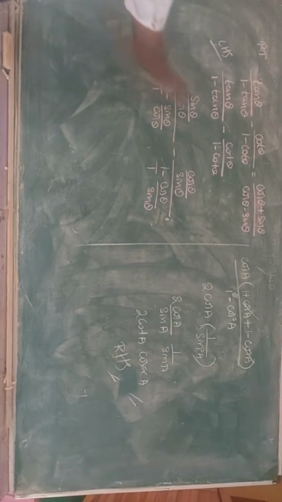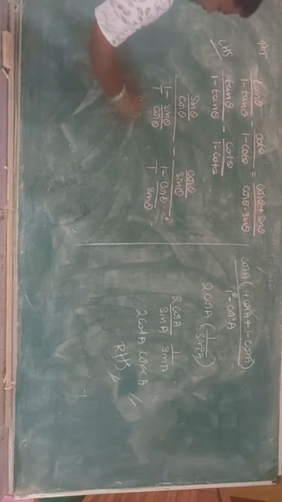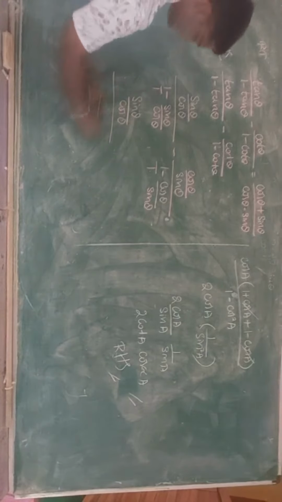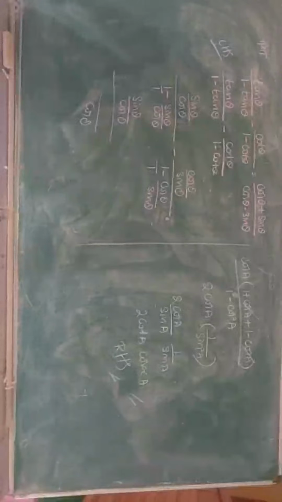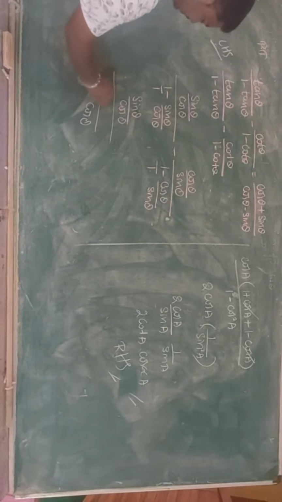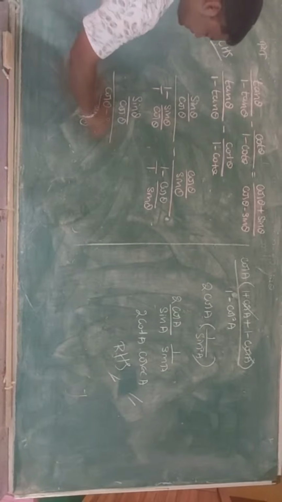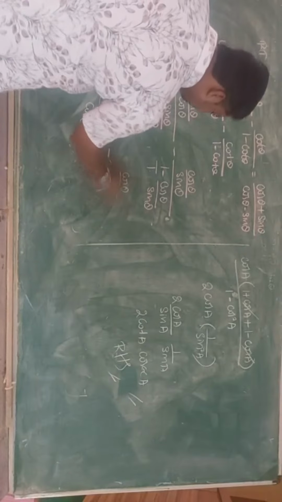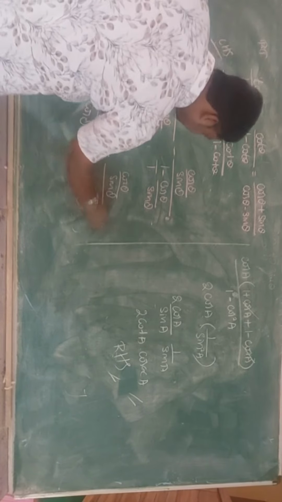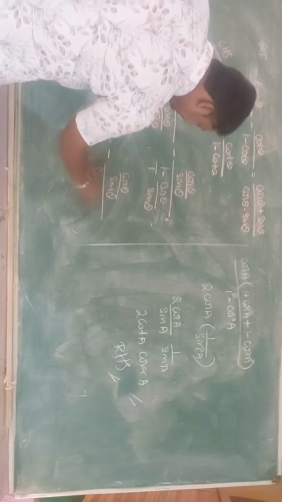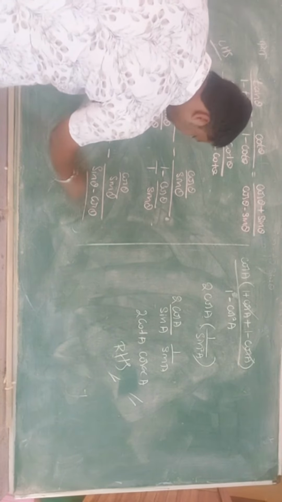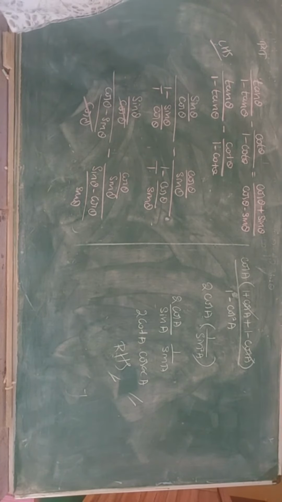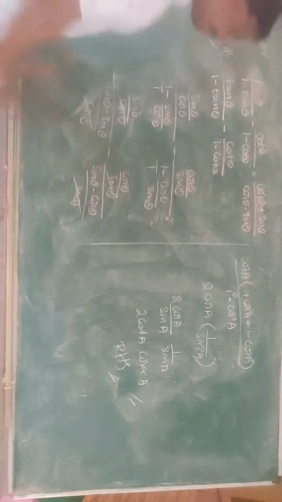So remaining terms write as it is, sin theta upon cos theta whole divided by, so the LCM is cos theta, LCM is cos theta, and here it is cos theta minus sin theta minus cos theta upon sin theta, whole divided by sin theta minus cos theta upon sin theta, because LCM is sin theta. Cos theta cancel. Similarly sin theta cancel.